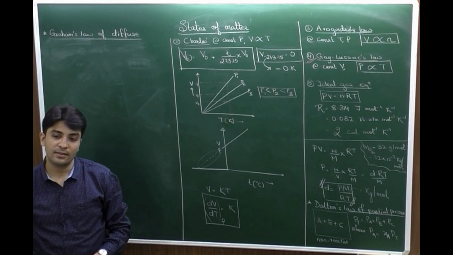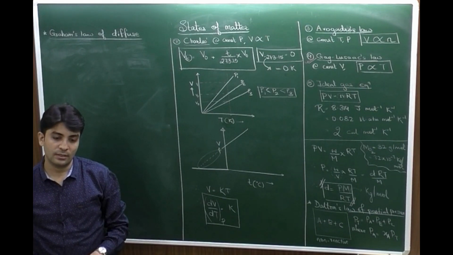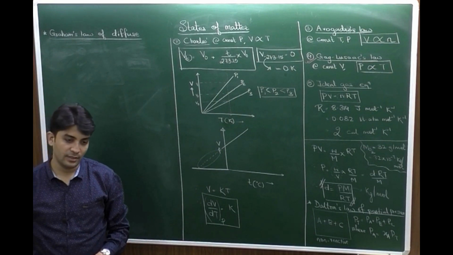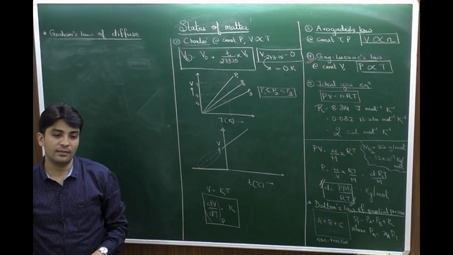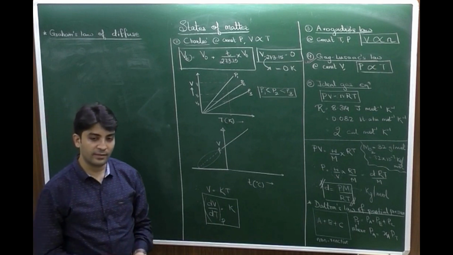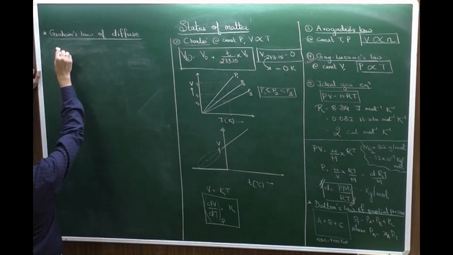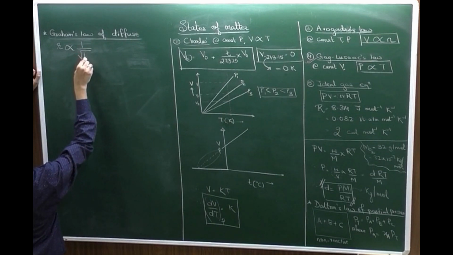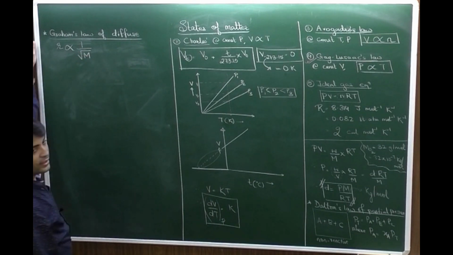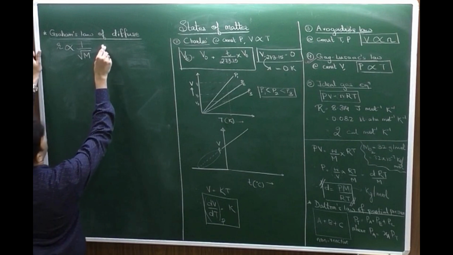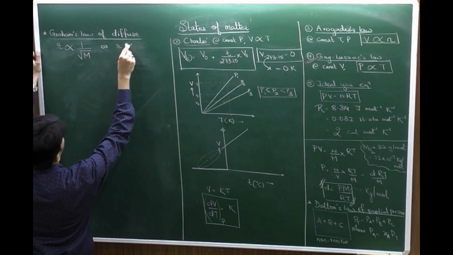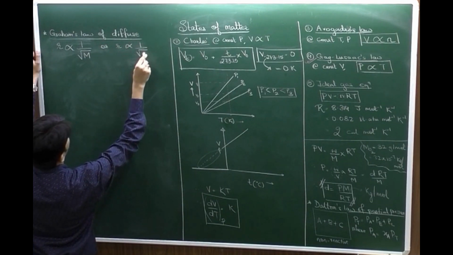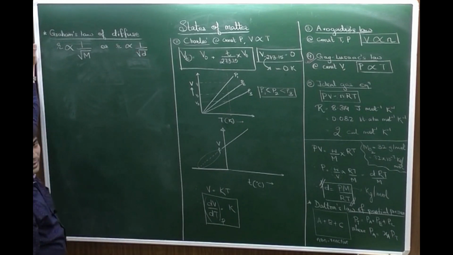The heavier the gas, the slower the diffusion, meaning the rate of diffusion is inverse to its molar mass, and that's what Graham's law is. The rate of diffusion is inversely proportional to the square root of the molar mass, or it can also be related with the density, that is R is inversely proportional to the square root of the density.